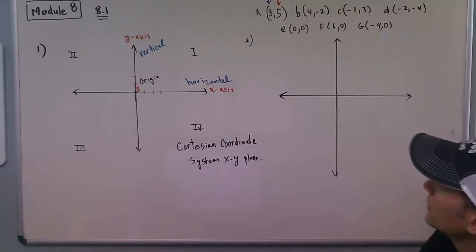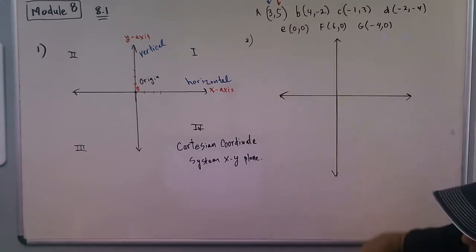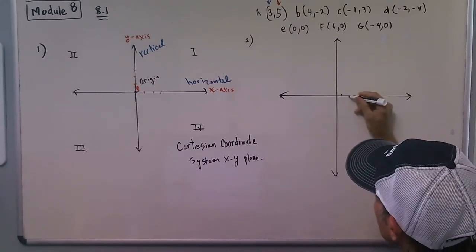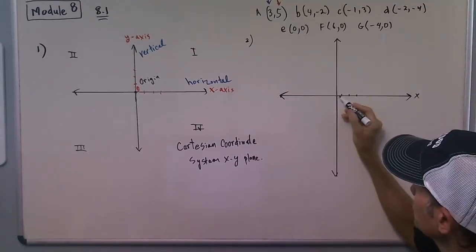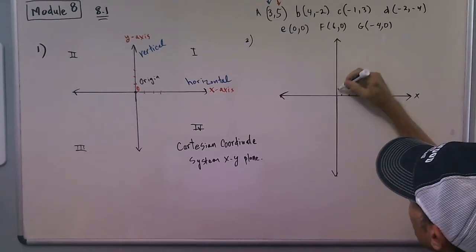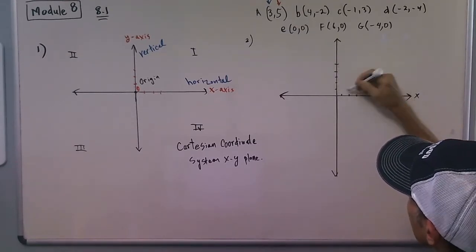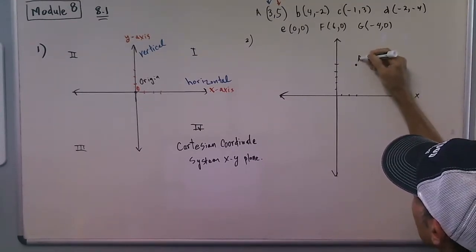And what we can do here is plot these points. To plot the point 3, 5, we move 1, 2, 3 spaces along the x-axis, starting from the origin, and then we go up 1, 2, 3, 4, 5, and so 3, 5 is right here. Okay, now I'll just put an A next to that.